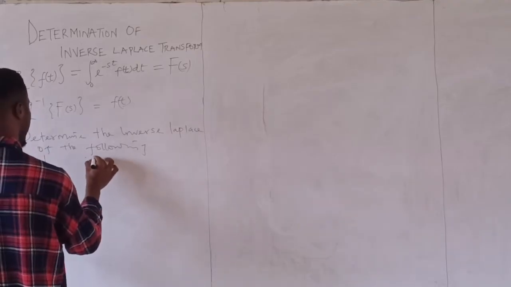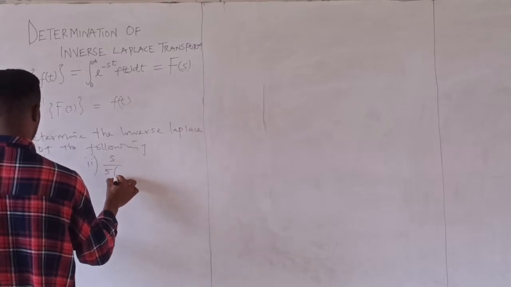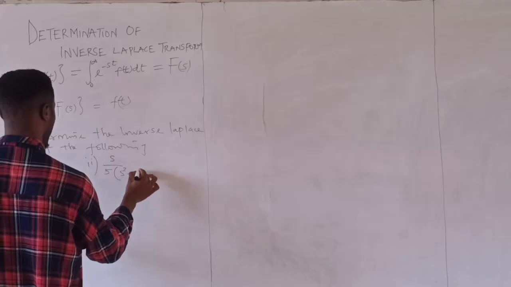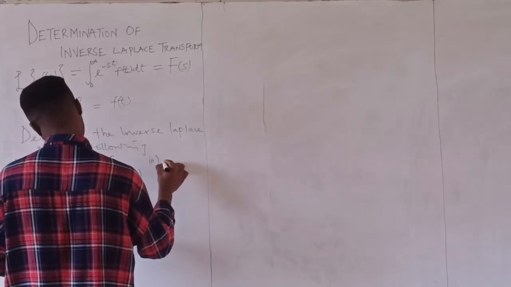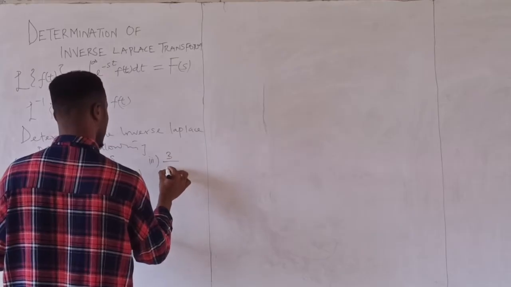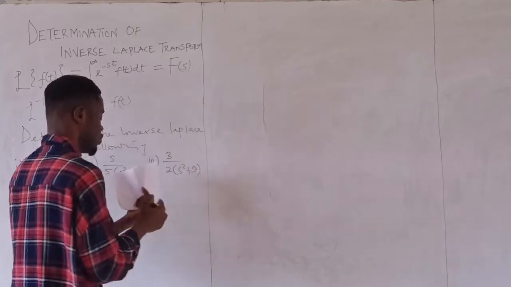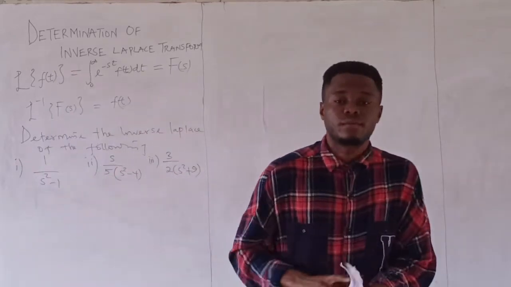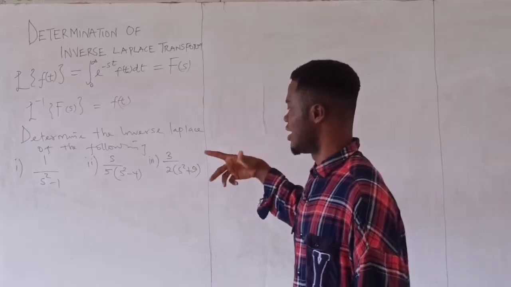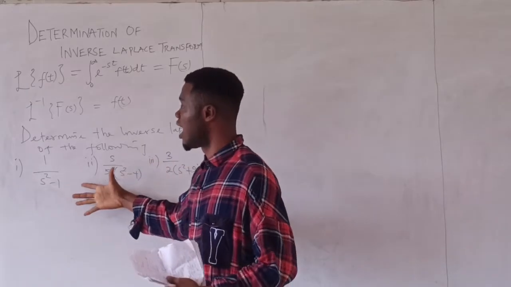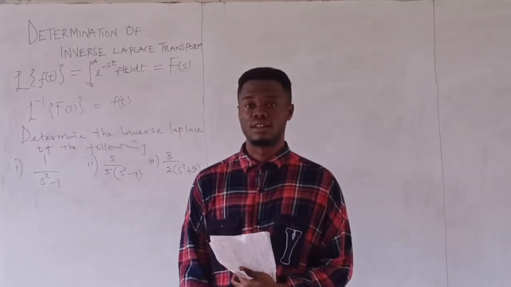I have s over 5 into s squared minus 4. And then I have 3 into 2 of s squared plus 9. So these are the first 3 examples I have. So we are going to go through these examples, and then we are going to see how to convert this f of s to the f of t.